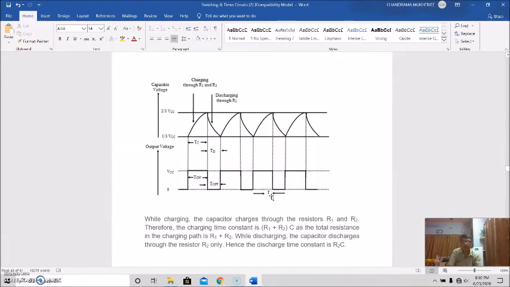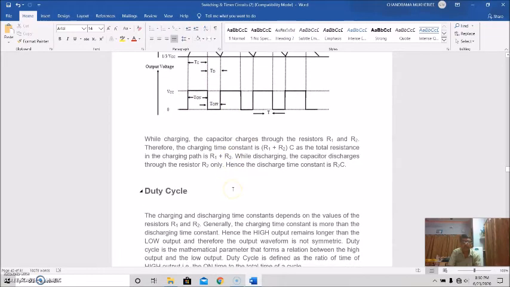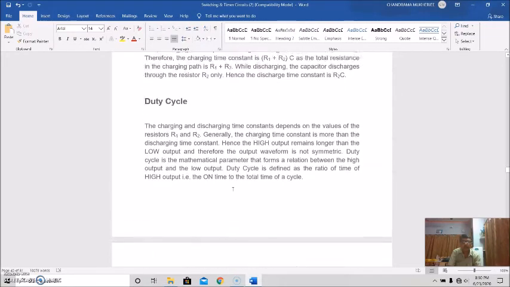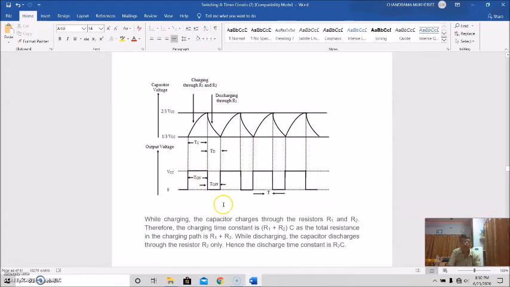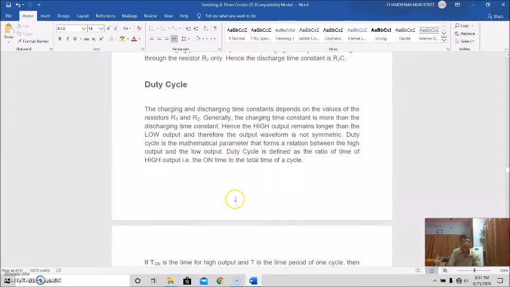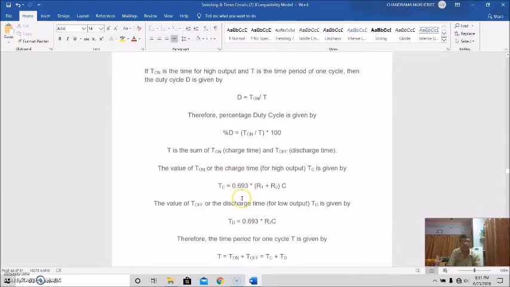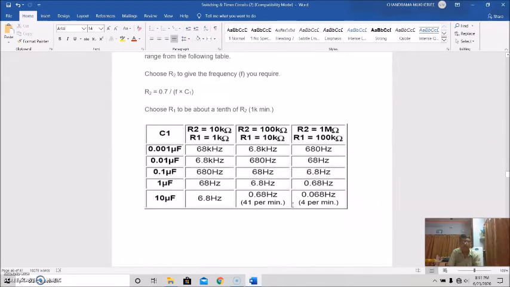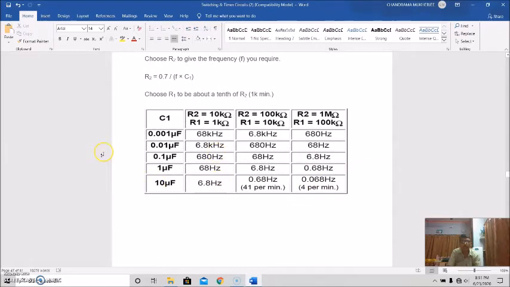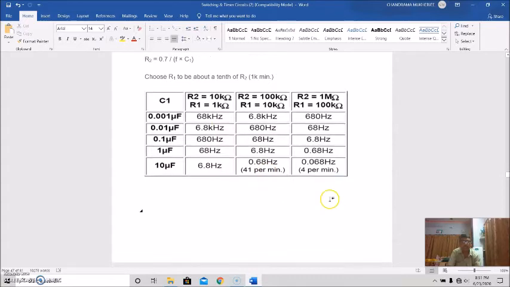This is very important. This is the output waveform. This is the waveform actually, and this is the capacitor voltage, charging, discharging, then the output voltage waveform. This is the duty cycle. Okay, so we have different values for R1, R2 and C for getting different frequencies.